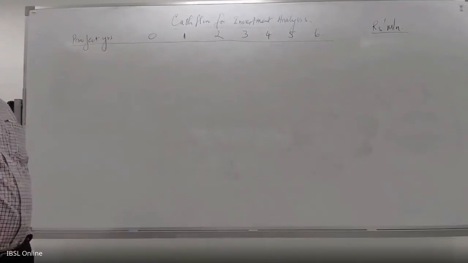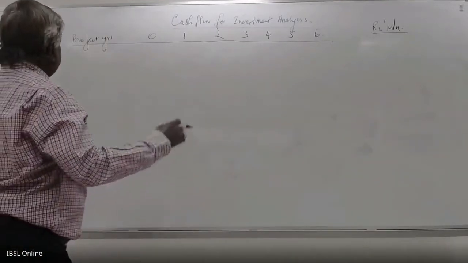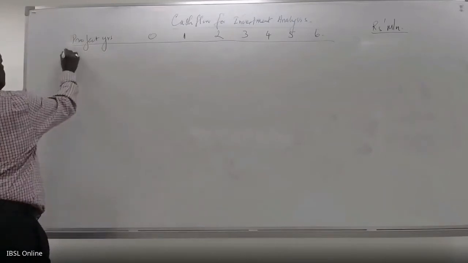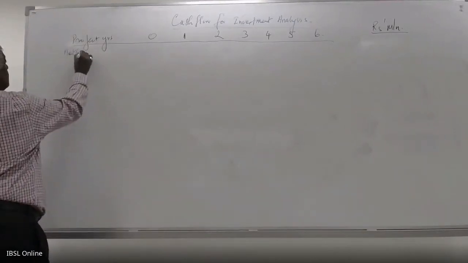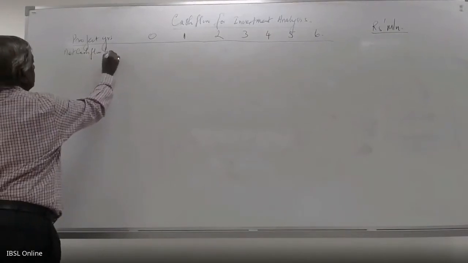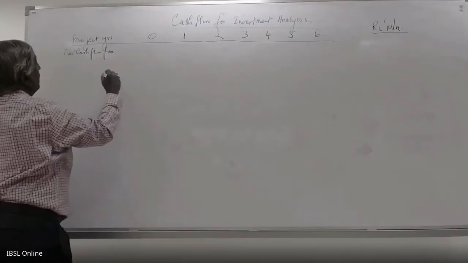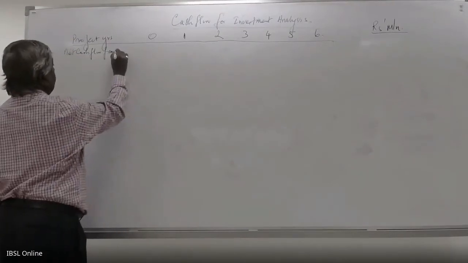Now, the income. That is the net cash flow from production activity.